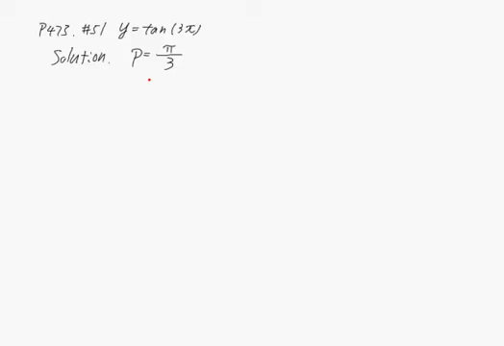Then one cycle for this function is completed for 3x between negative half pi and half pi.